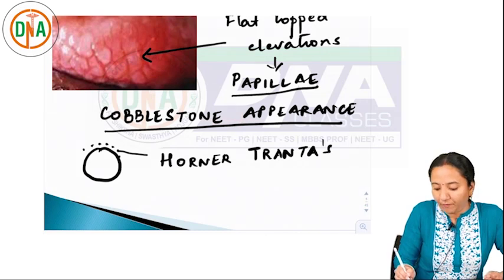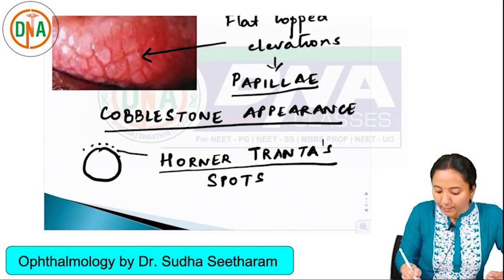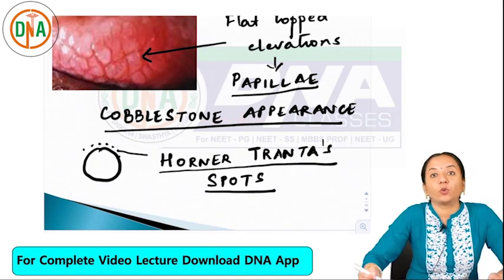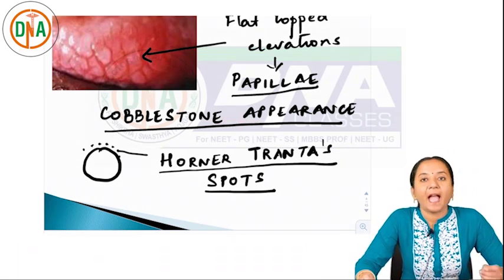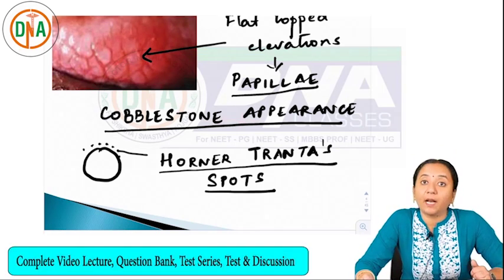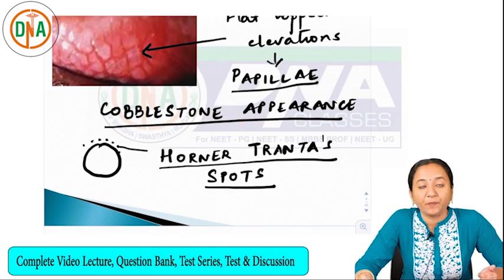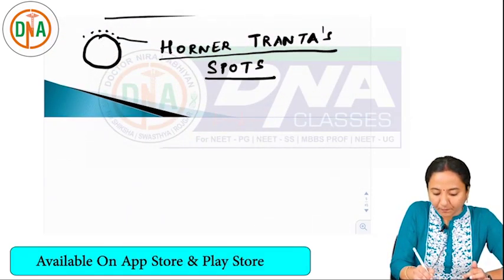Again, an important feature for MCQ. So, tarsal conjunctiva shows cobblestone appearance due to elevations called papillae, and the nodular lesions on the upper limbus are known as Horner-Trantas spots. So, these are the conjunctival features.